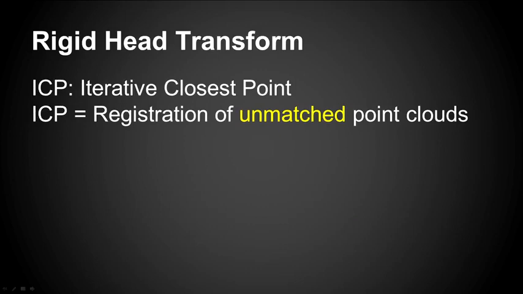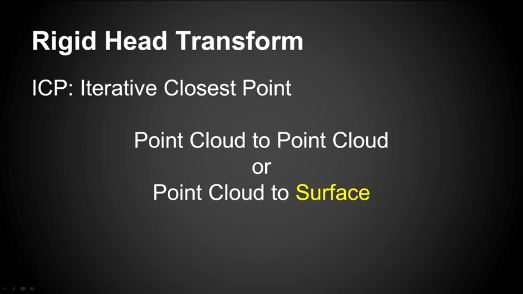So this is where, instead of just matching these few points, we can use ICP. ICP, iterative closest point, is used to register unmatched points, which means that we are going to match not the points on the skin, but the overall shape of the bone that's under the skin. And just a small change that we can make to the traditional ICP algorithm is that instead of matching point cloud to point cloud, we can match point cloud to the surface of the mesh.